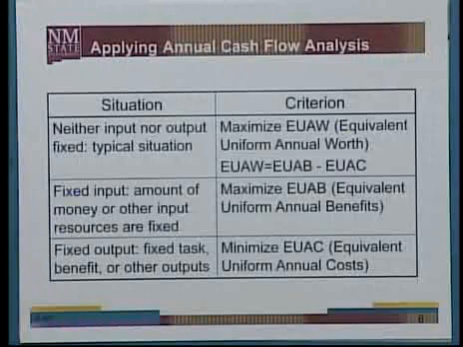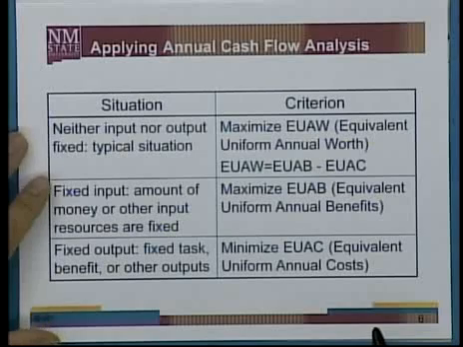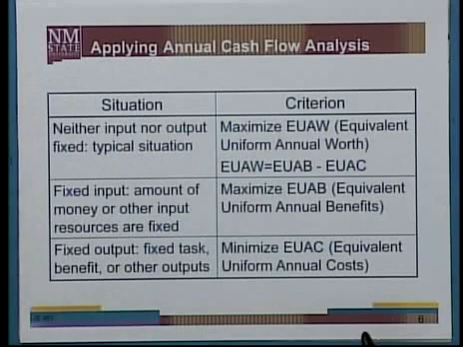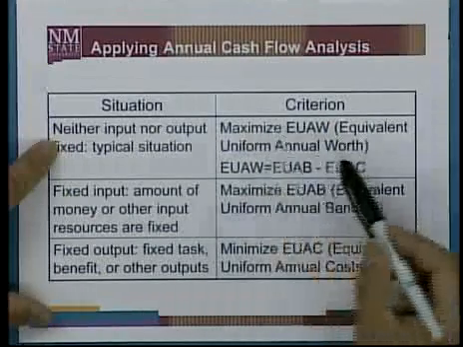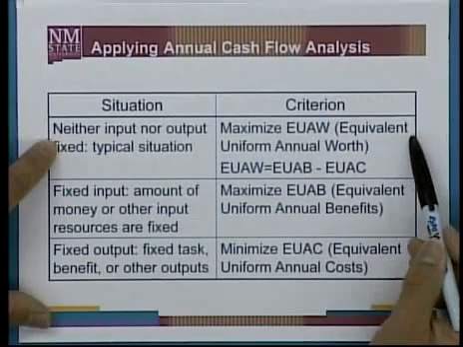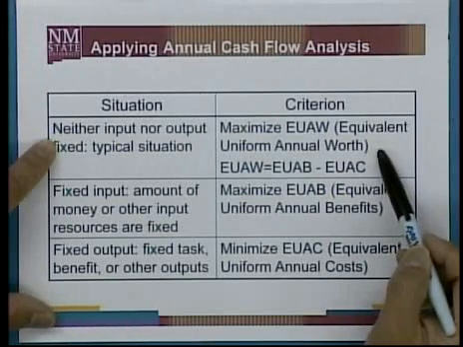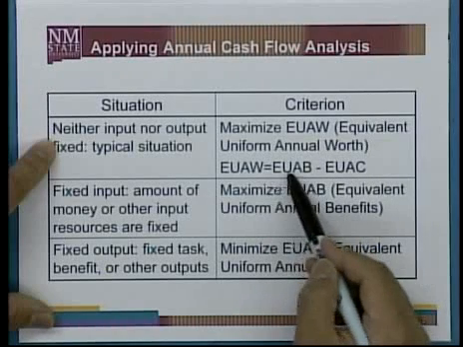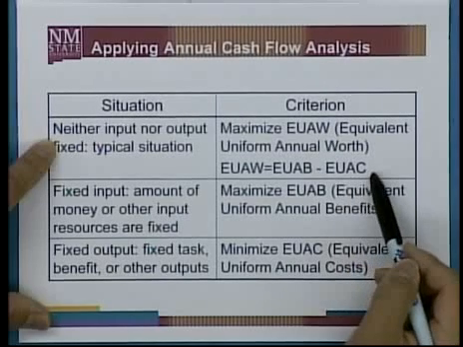And the three criteria for economic efficiency are summarized in this table in terms of annual cash flow analysis. So here, neither input nor output is fixed. Then you need to maximize the EUAW, which stands for equivalent uniform annual worth. And the equivalent uniform annual worth can be computed by equivalent uniform annual benefit minus equivalent uniform annual cost. Okay?